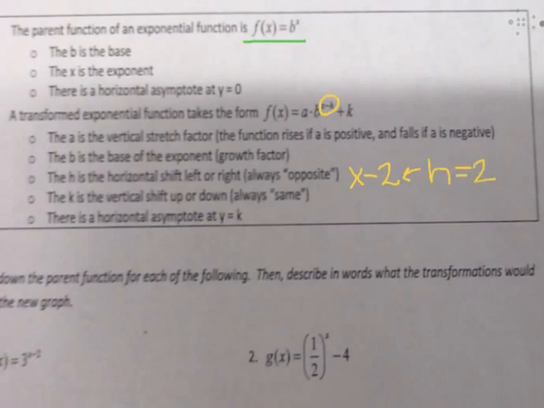Or if you had x plus 3, the value of h is going to be negative 3. So it's always the opposite of what is actually in the equation. And when you're describing what the graph did, if h is positive, the graph moves to the right. If it's negative, the graph moves to the left. So positive h moves it to the right, negative h moves it to the left.